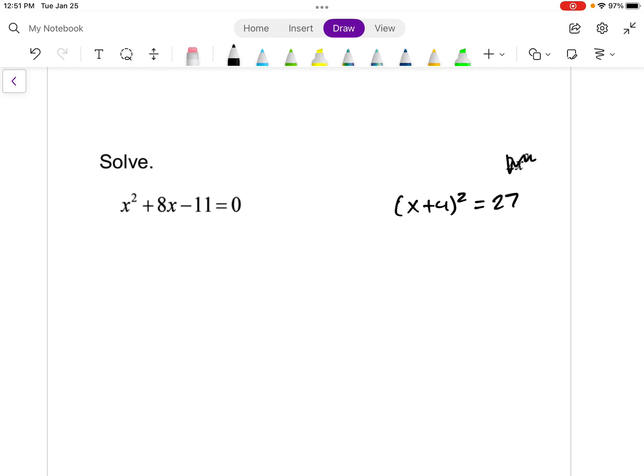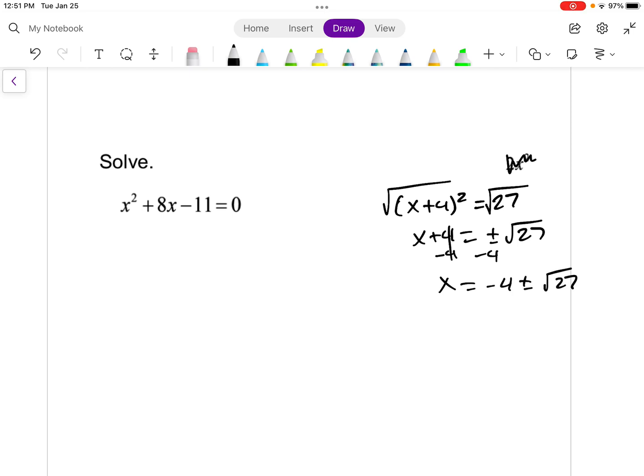If I wanted to solve this equation, we can do the square root method with this one, right? All I do is get rid of the square first, so I take the square root of both sides. x plus 4 equals plus or minus the square root of 27. Move the 4 over. So x equals negative 4 plus or minus the square root of 27.